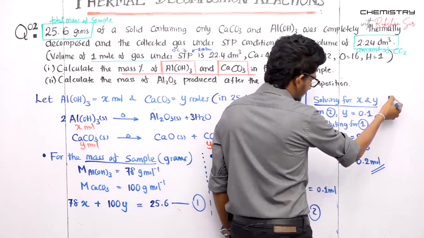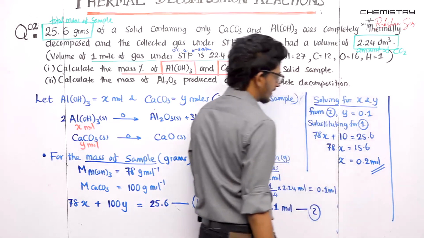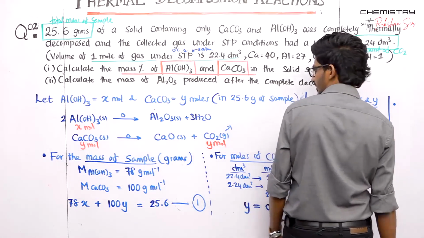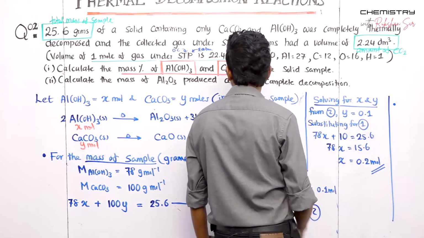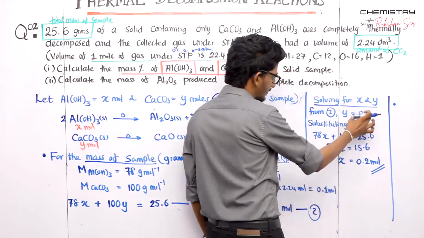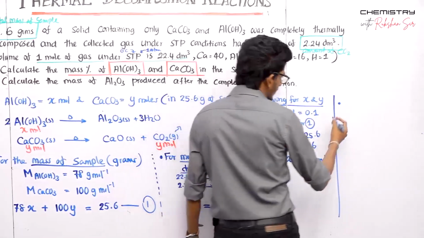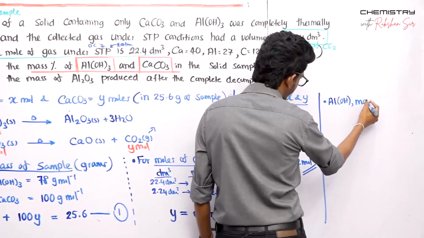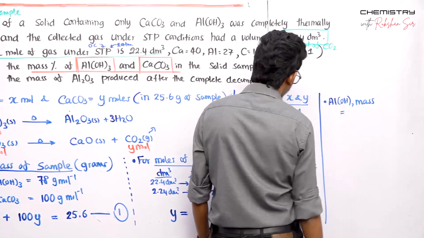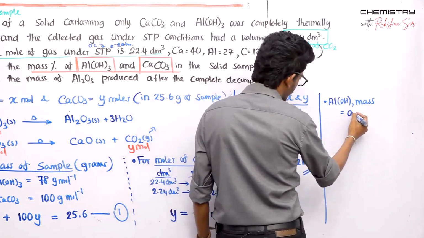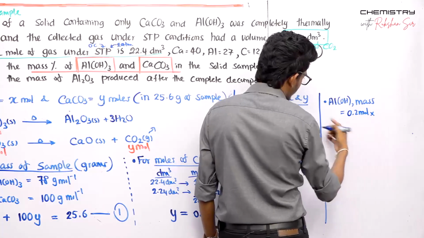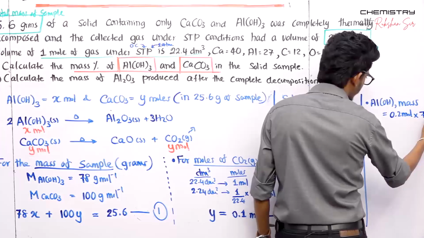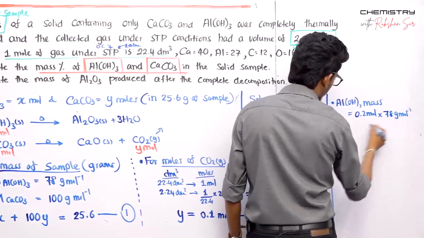Next step, achieving the goal, so that we can come up with the masses of aluminum hydroxide as well as calcium carbonate, as we know the mole values. So aluminum hydroxide mass is equal to its number of moles, 0.2, times its molar weight, which is 78 g mol^-1.